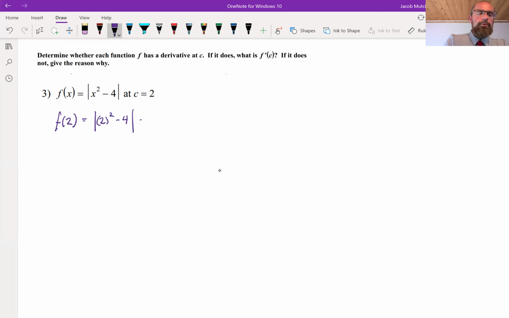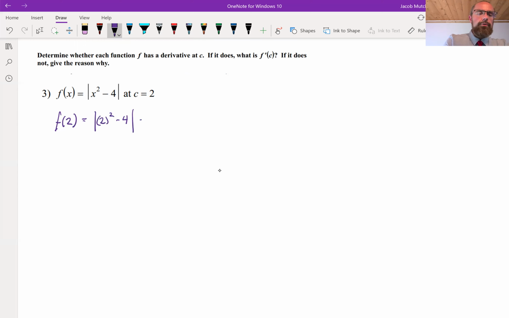So what we want to do is simplify this first. And then we want to take a look at what's happening to the limit as we approach from the left compared to as we approach from the right. So here I've got limit as x approaches 2. Before we split into the two directions, we'll just do a simplification.